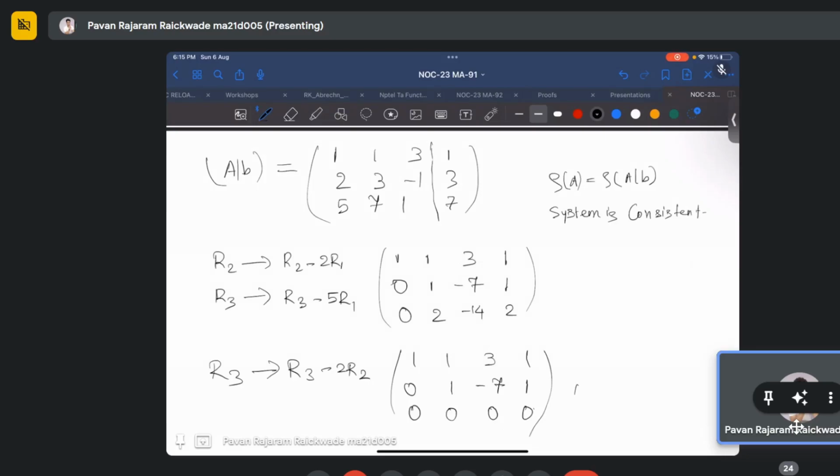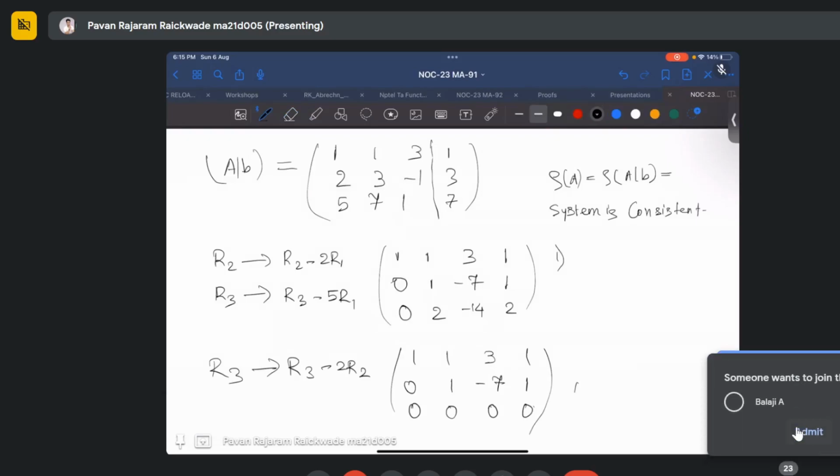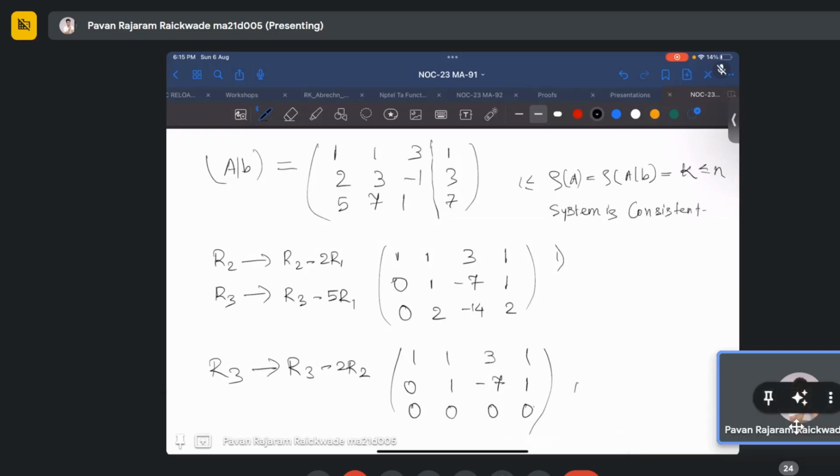Now the formula to check how many solutions there are is this: let's say rank of A and rank of A augmented B is equal to K. We know that K lies between 1 and n, where n is the number of columns of A. So the first condition is, if K equals n, then we have a unique solution.